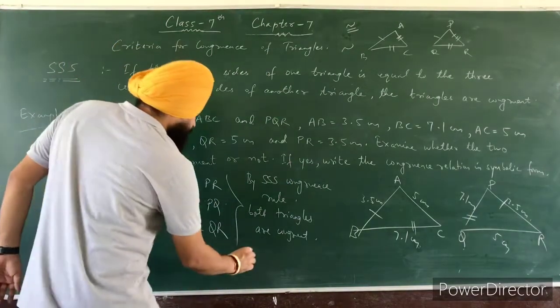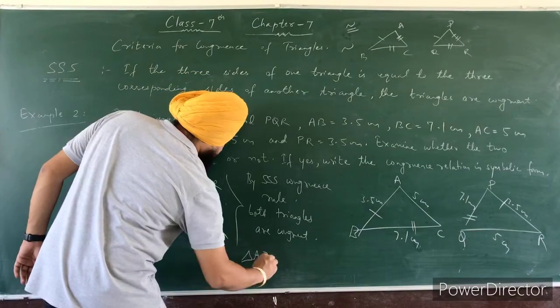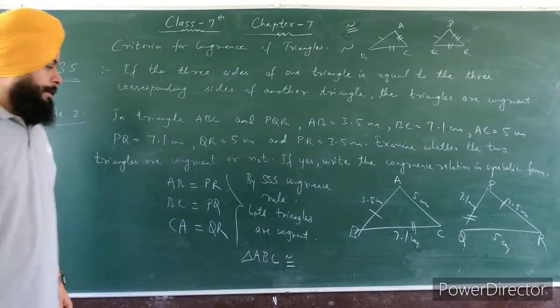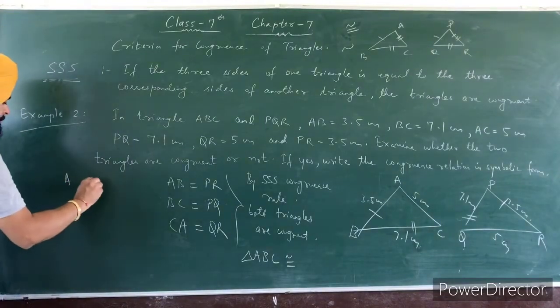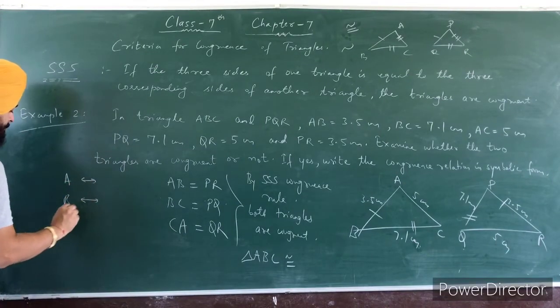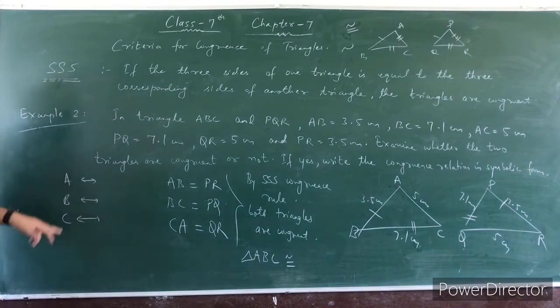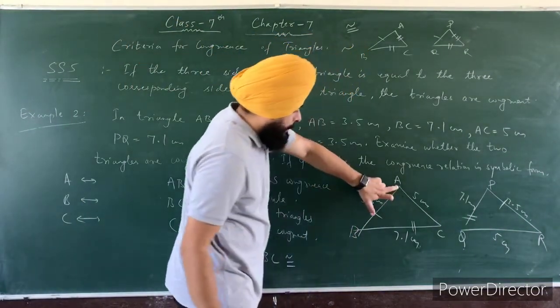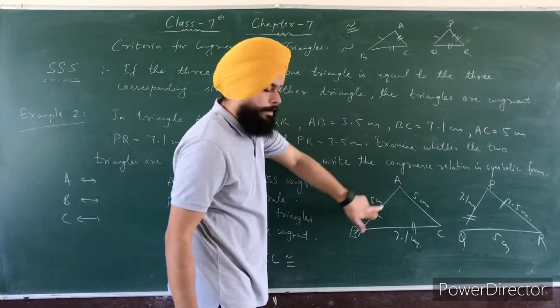Now first we can write here triangle ABC congruent to which one? So first write the relation between the vertices. In ABC, the length of AB is how much? 3.5.